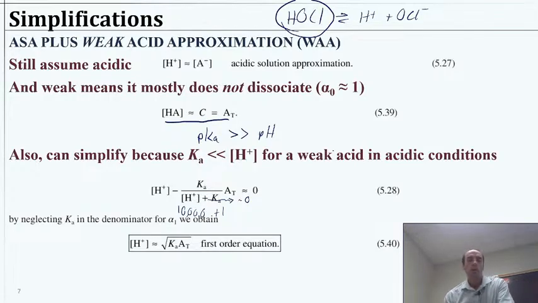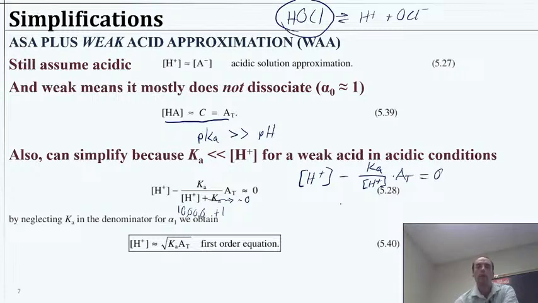Okay, so this then becomes, if we were to write it out, H plus minus Ka over H plus times At equals 0.